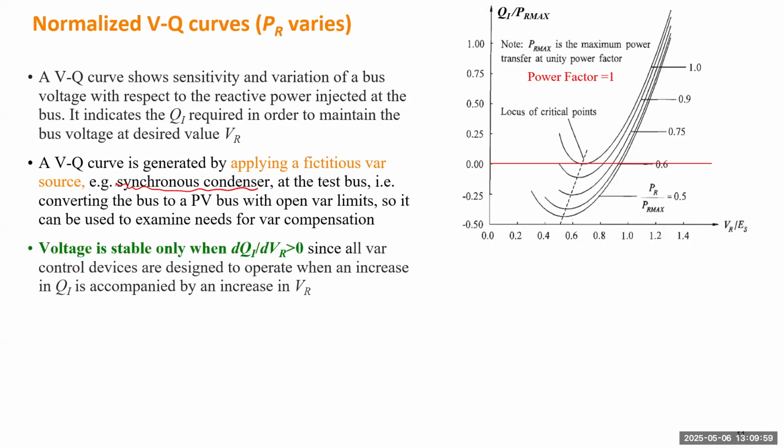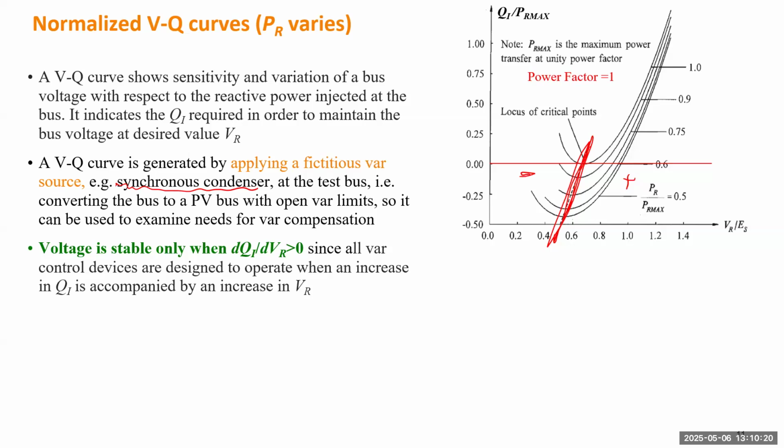All right, so by observing the VQ curve, we know the critical point, which is this line, separates each VQ curve into two sections. The section on the right will have all the slopes positive. On the left-hand side, we'll have all the slopes negative.